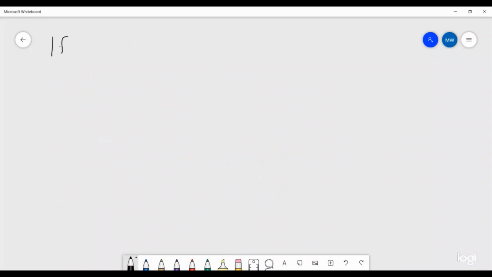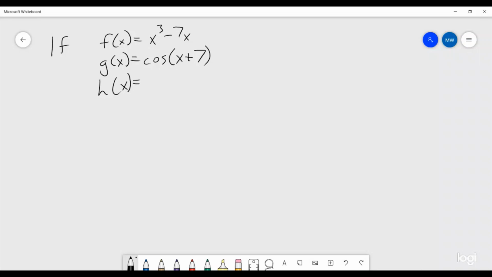If we have f of x equals x cubed minus 7x, g of x is equal to cosine of x plus 7, and h of x is equal to 7 plus e to the x squared, what is f of g of h?